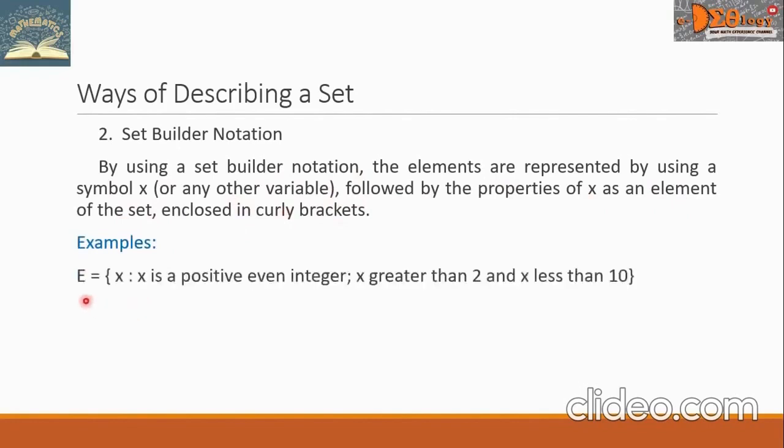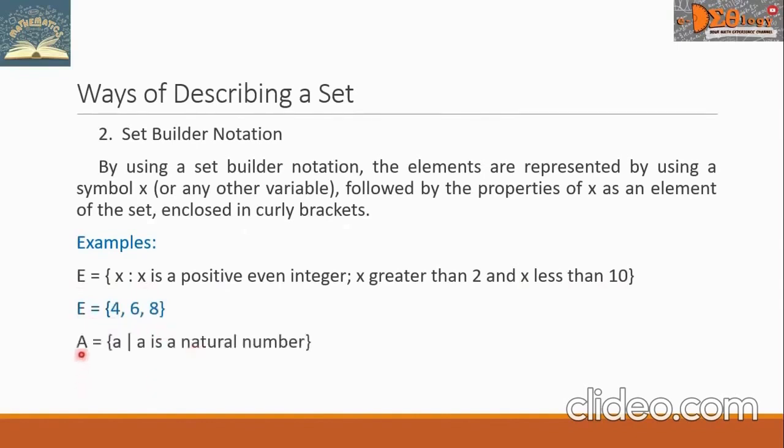Example: set E has elements x such that x is a positive even integer, x is greater than 2, and x is less than 10. If we write the set E by listing method, we will have E equals 4, 6, and 8.